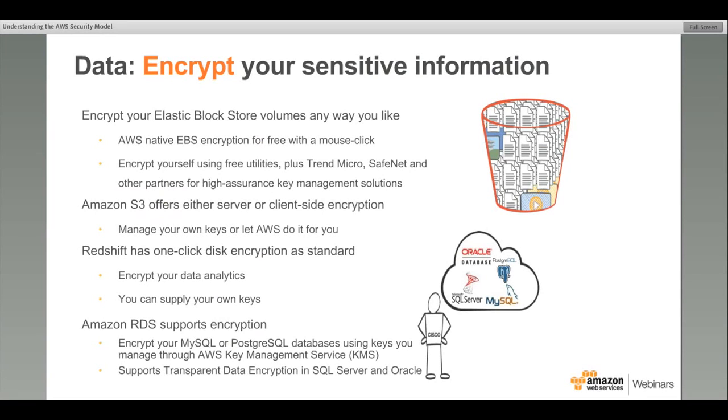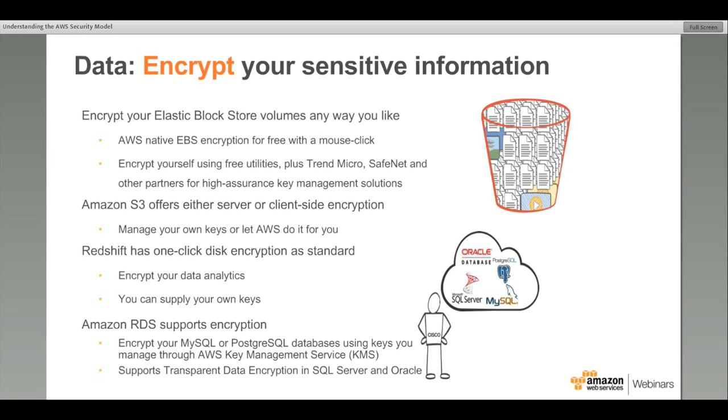You've always been able to do it yourself just by using OS level controls because EBS is presented to your servers as SCSI block devices. So you could create encrypted partitions or just use encrypted files within that. But now we actually have the ability to just do checkbox encryption to create encrypted volumes for you to use as data volumes. We also have partners like Trend Micro and SafeNet and others that have the ability to do this for you.